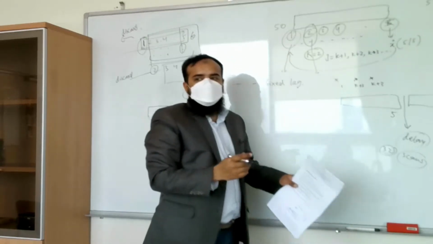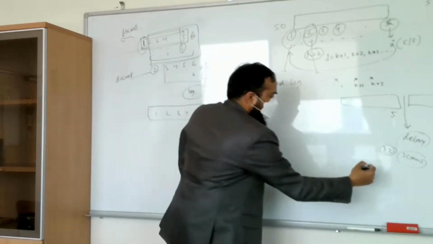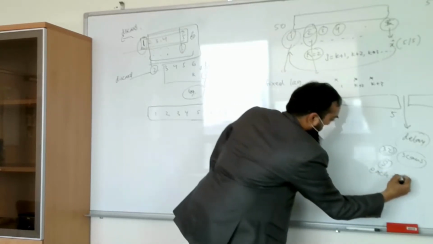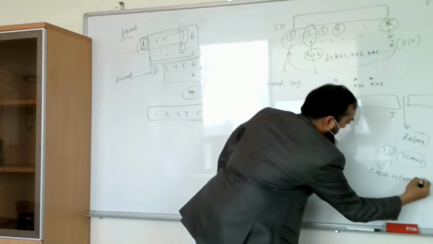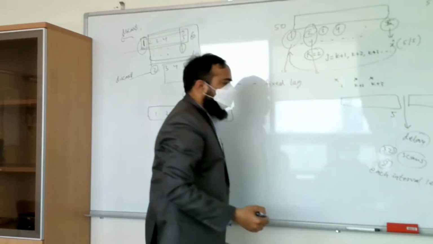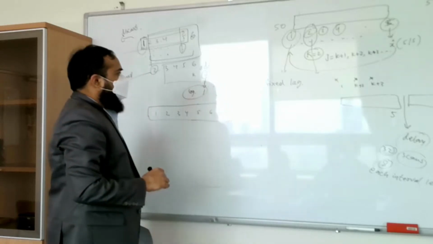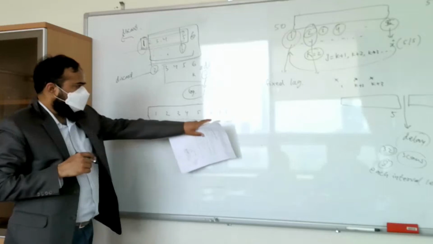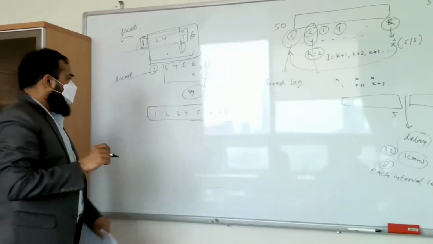We divide the interval by 8, so each interval length is 8. So this is the fixed interval case. In this case there are 8 scans in one interval.